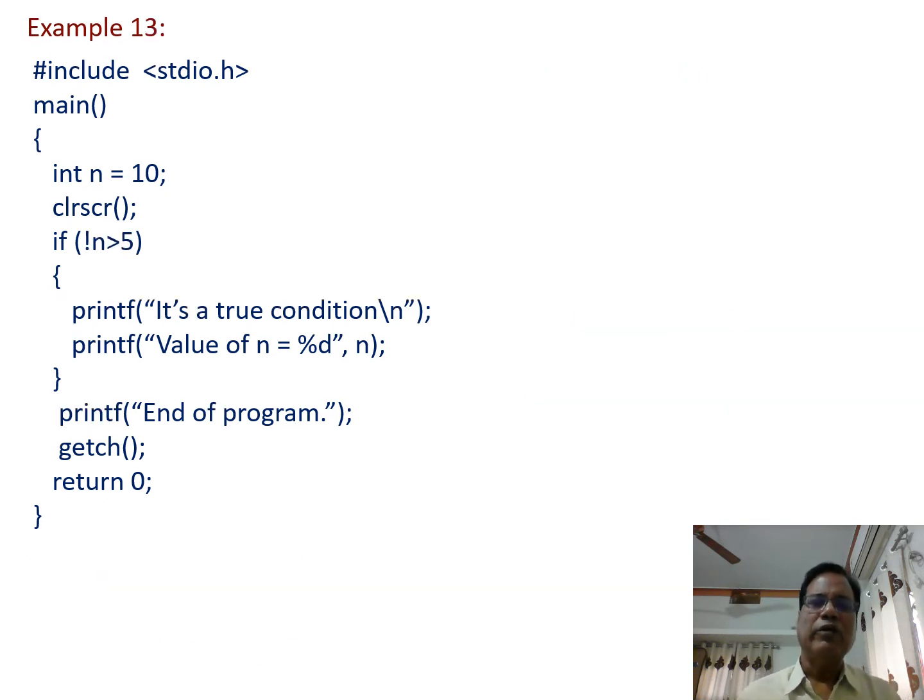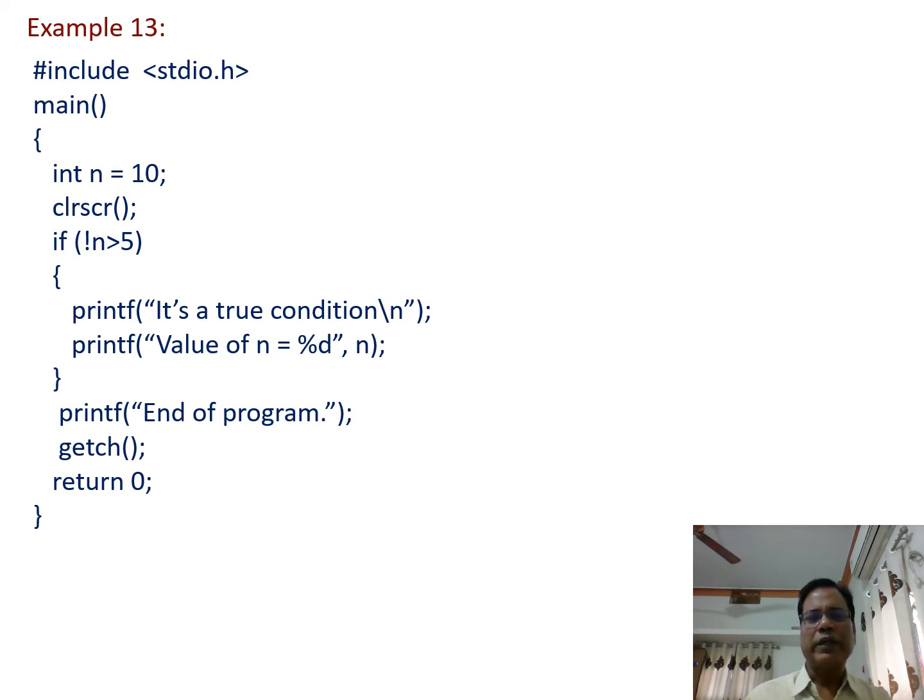Now another peculiar example. In place of the condition here, not n greater than 5, and here we are assigning the value of n as 10. So if two operators are used, depending on their precedence, we operate on them. Here greater than has higher precedence than not.